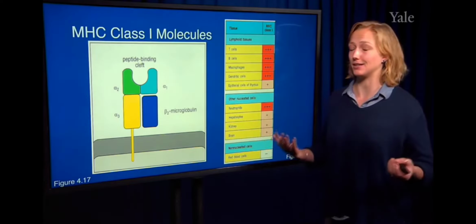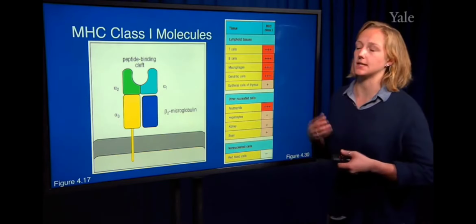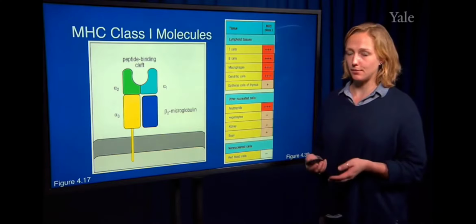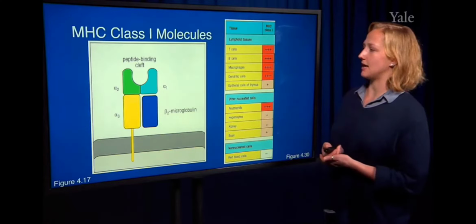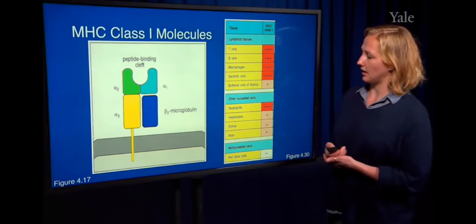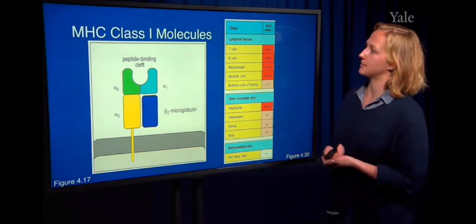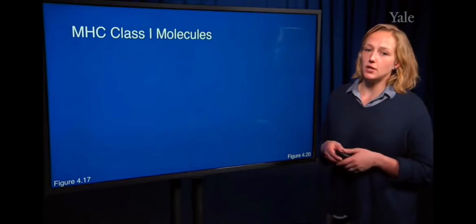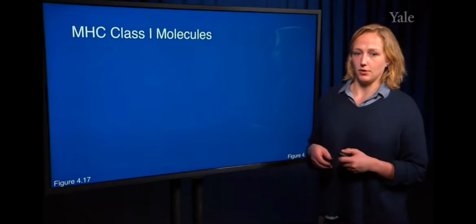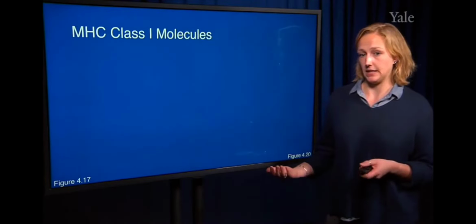So MHC class 1 molecules are very important in the antiviral immune response and also in presenting any other intracellular pathogens.